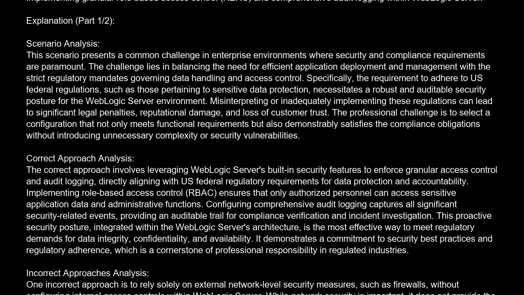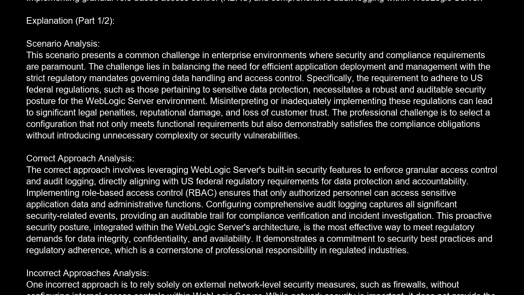Correct approach analysis. The correct approach involves leveraging WebLogic Server's built-in security features to enforce granular access control and audit logging, directly aligning with U.S. federal regulatory requirements for data protection and accountability. Implementing role-based access control (RBAC) ensures that only authorized personnel can access sensitive application data and administrative functions.